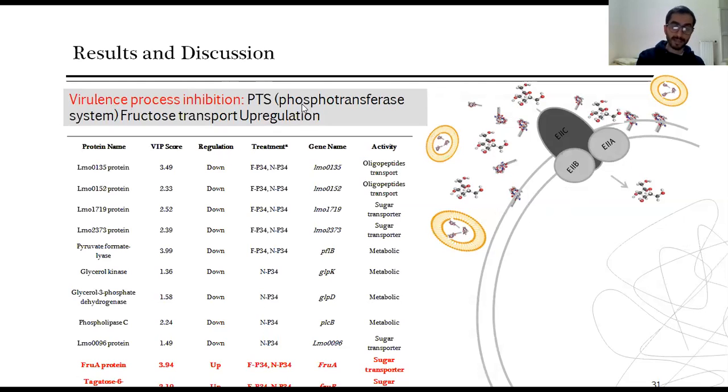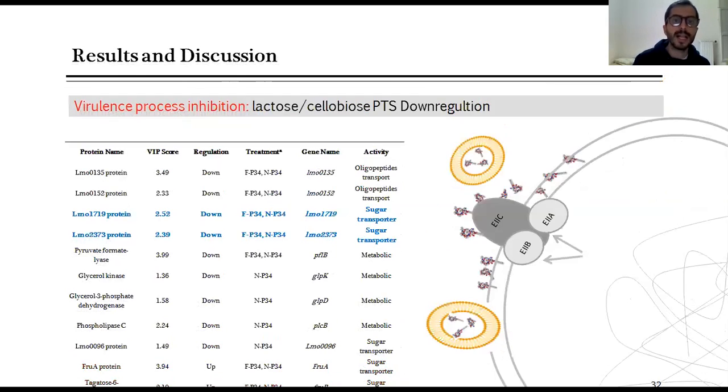They are part of the PTS system, or phosphotransferase system, for fructose uptake. Another important PTS system, related to lactose and cellobiose uptake, was downregulated in both treatments.